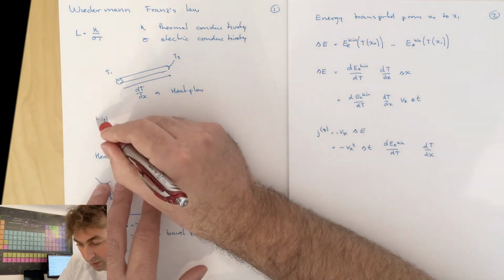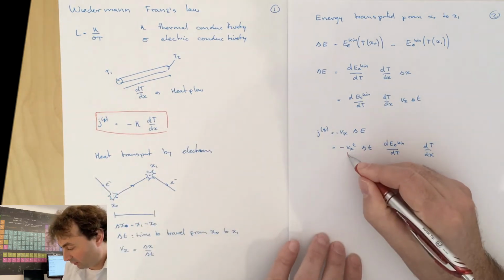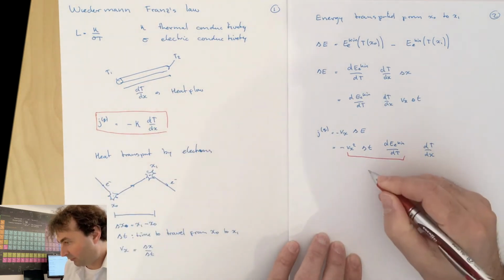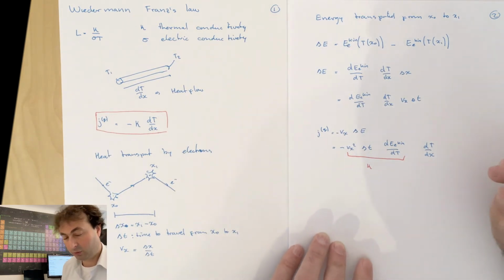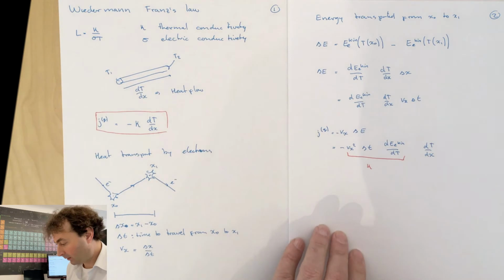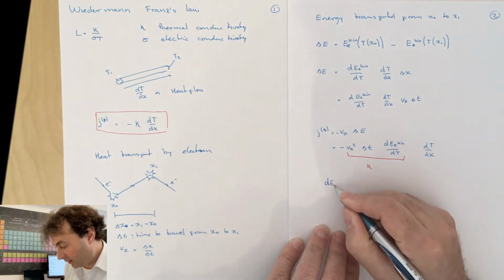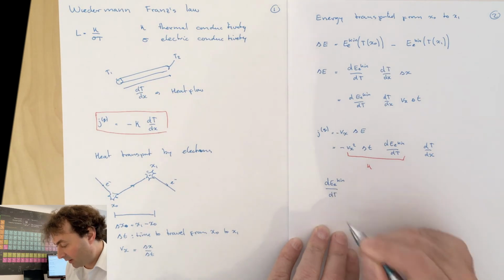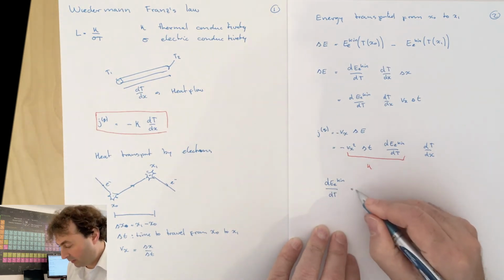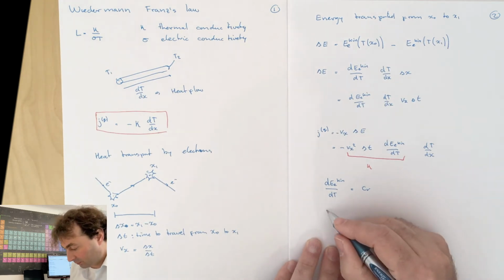If we now compare this with the definition of the heat current, we see that the prefactor that we have here is exactly kappa, the thermal conductivity. Now we can put in a few of those equations for the free electron gas, and we know that the derivative of the kinetic energy with respect to temperature is exactly the specific heat, which is valid in general.